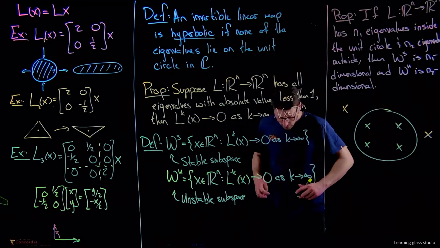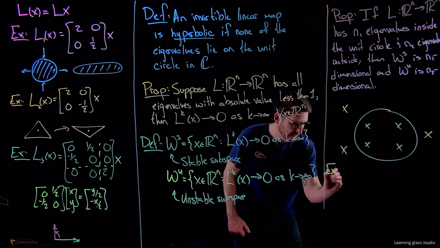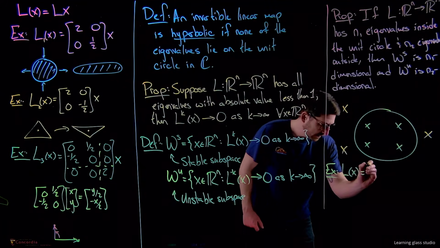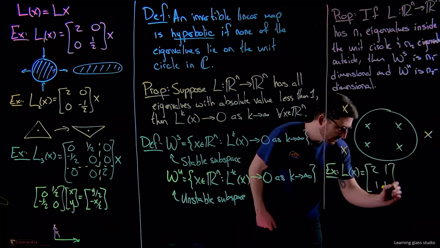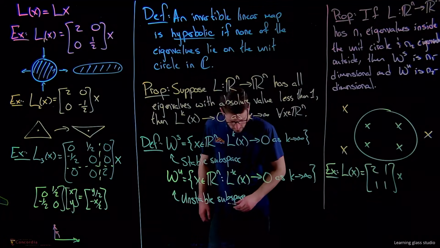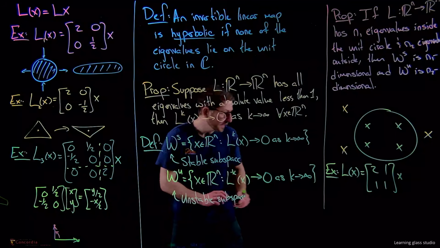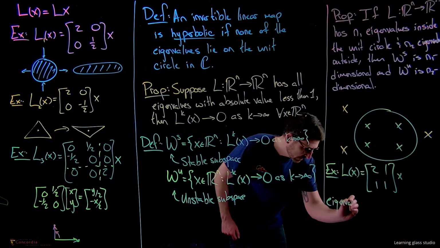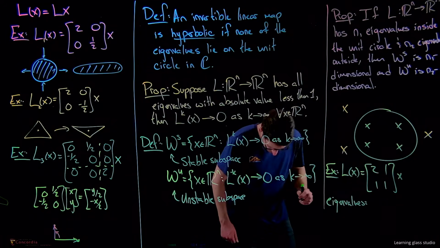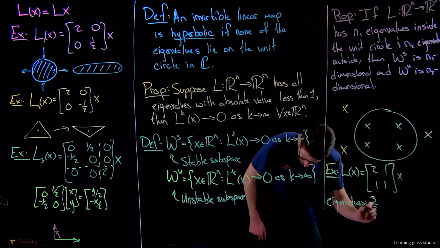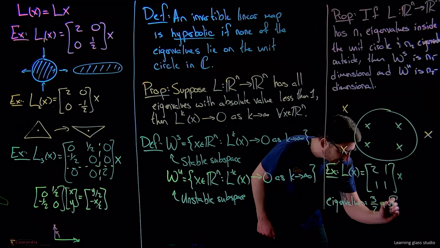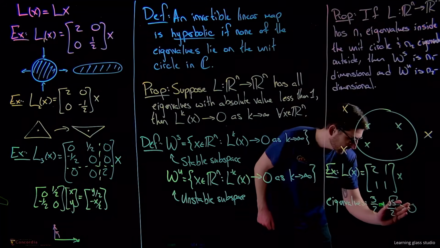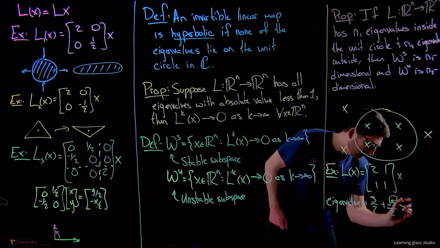But let me give you an example to round this out. Here's my L of x. I've got the matrix with rows 2, 1 and 1, 1, times x. This thing has eigenvalues. Well, the first one is given by 3/2 plus the square root of 5 over 2, which is bigger than 1, pardon me. I'm used to doing this in continuous time.